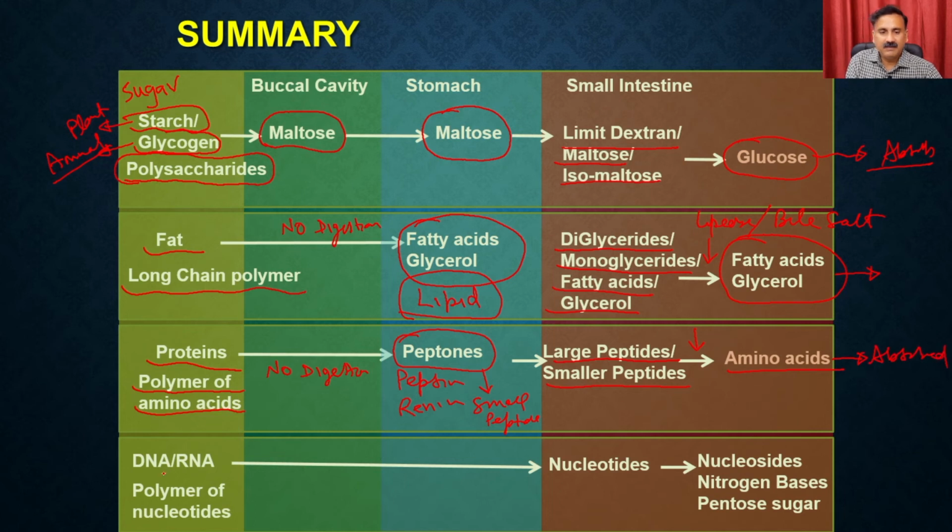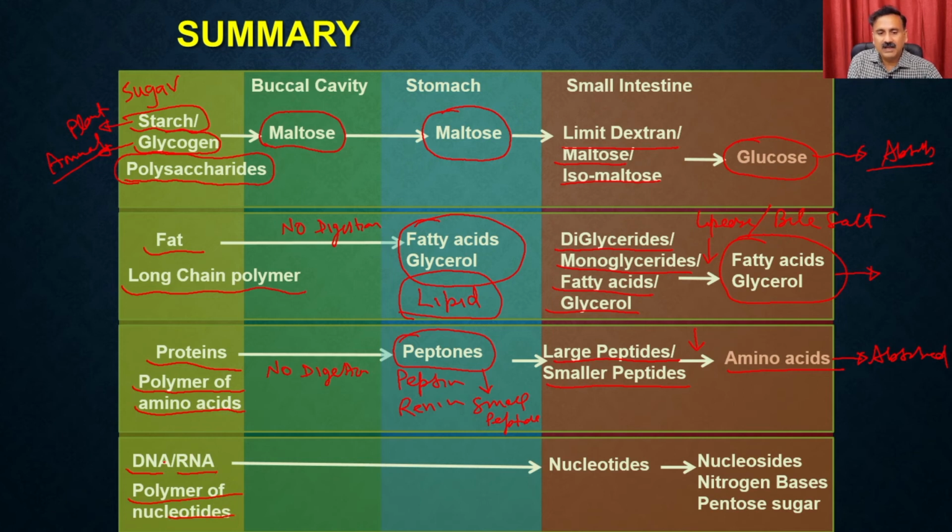Then we have the nucleic acid. Nucleic acid we have not discussed in detail because there is no digestion of nucleic acid within the buccal cavity or the stomach. Nucleic acid means DNA or RNA, which is actually a polymer of nucleotides.